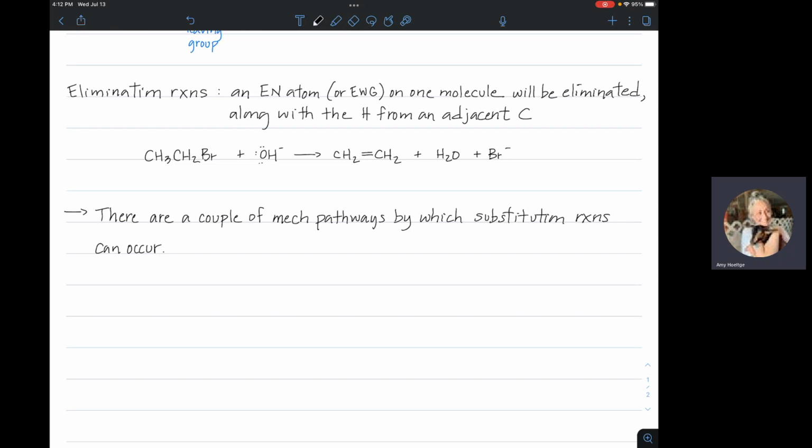So each is going to involve the reaction of a nucleophile and electrophile. So we'll put that down.